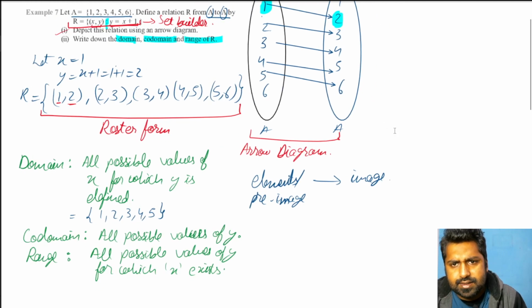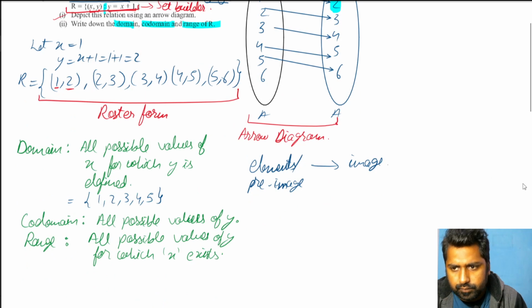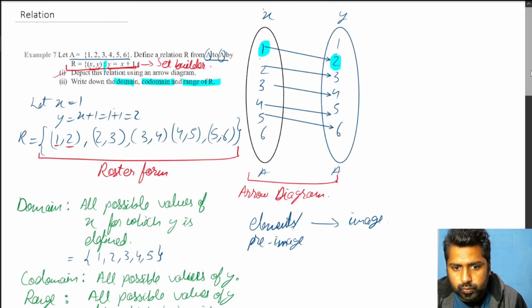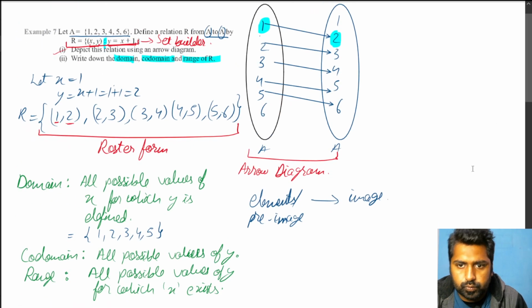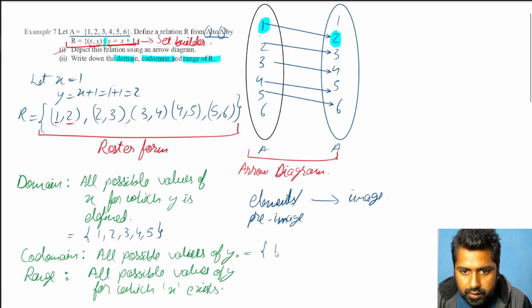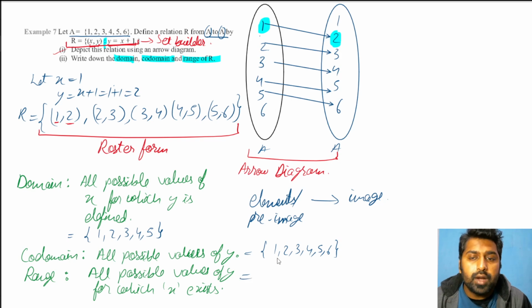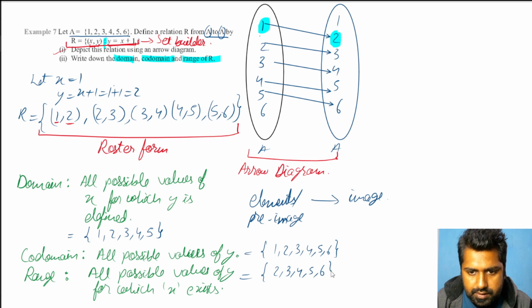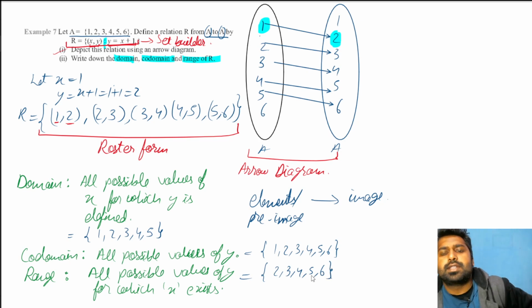There should be x. That's it. So for this part, codomain, the answer will be 1, 2, 3, 4, 5, 6. But for range, 1 will not be included because there is no element for 1. There is no connection with x of this one. So range will be 2, 3, 4, 5, 6. It's as simple as that.